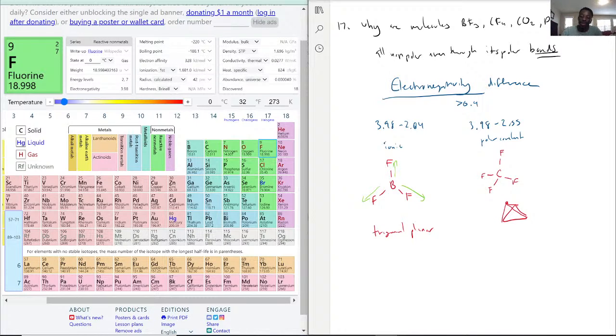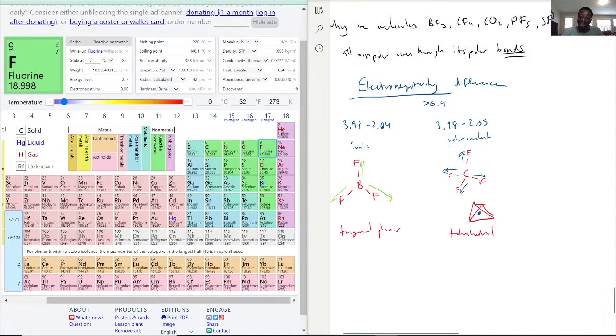No matter how you flip this base over, you'd end up with the same shape. The atom in the middle is being pulled equally in every direction. This is known as tetrahedral in both the electron geometry and molecular geometry, and the center is pulled equally in every direction.